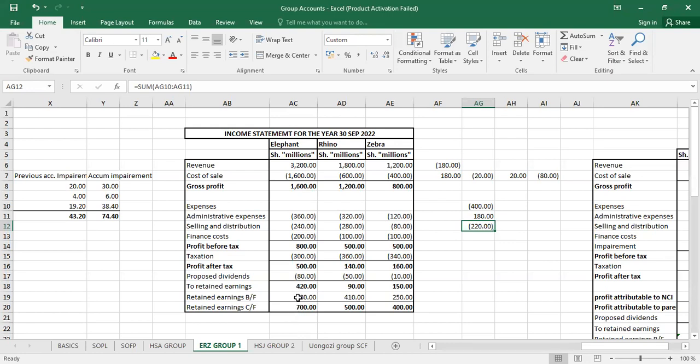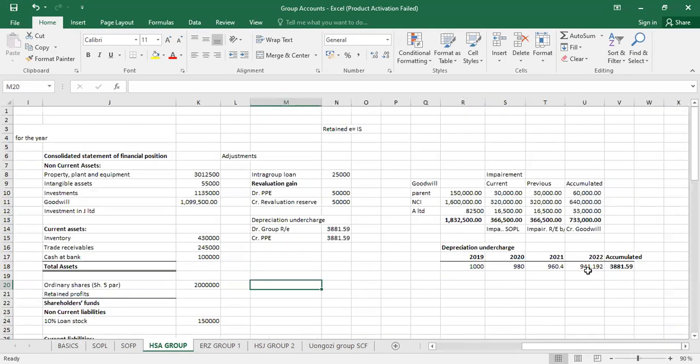If I'm debiting retained earnings, it's like I'm reducing, so to reduce, we increase our cost of sale. That's why this depreciation undercharge will be taken to cost of sale, and the others will be taken to retained earnings brought forward, like how we did under impairment. But the accumulated one, you minus from PPE.